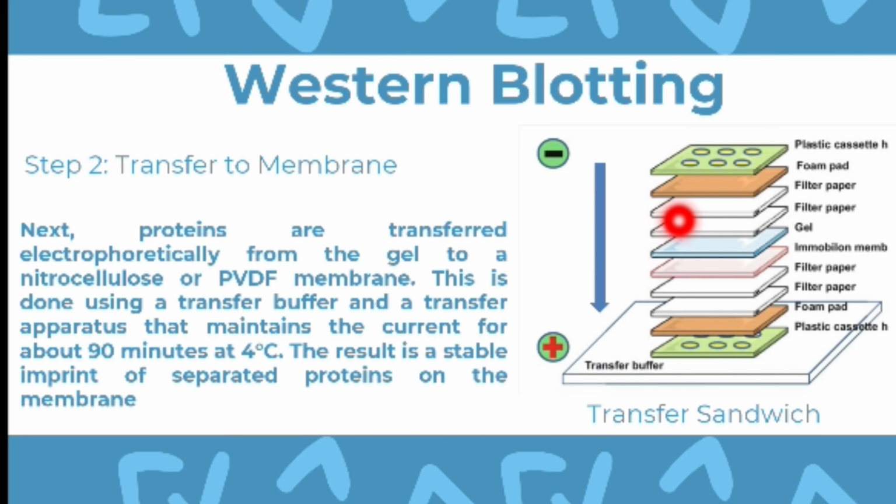You sandwich them in between a pair of filter papers on each side, and thereafter you add foam pad and place all of this inside a plastic cassette holder. And thereafter all of this sandwich is placed inside a transfer buffer, and electric current is added, which will allow the proteins on the gel to migrate downwards from negative to positive onto the nitrocellulose membrane.